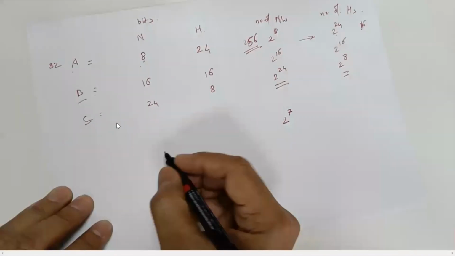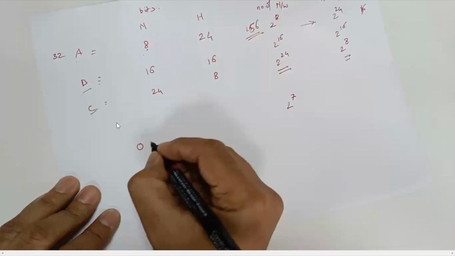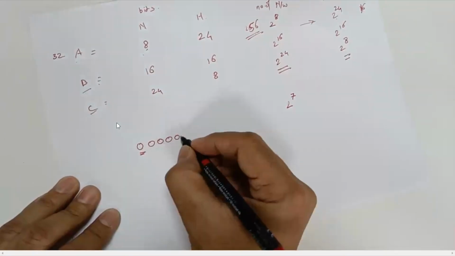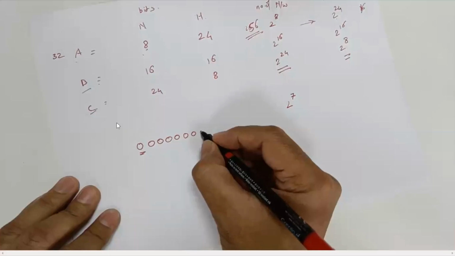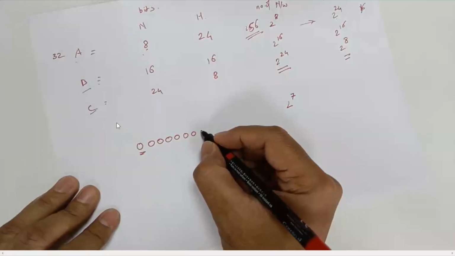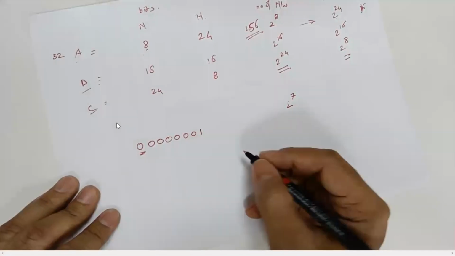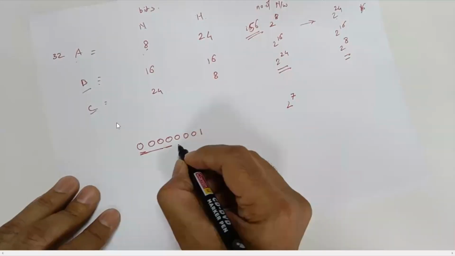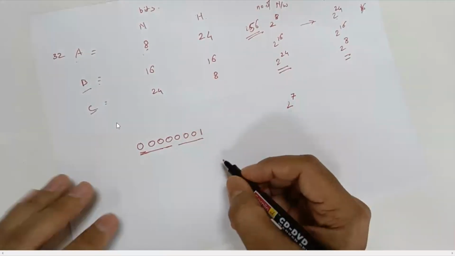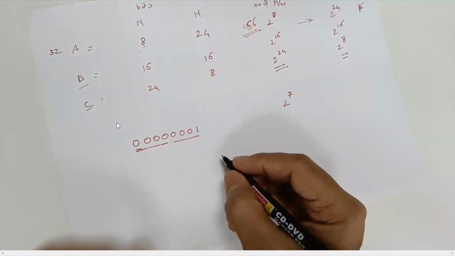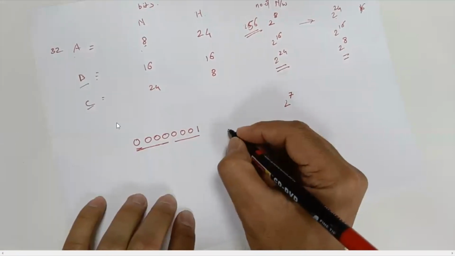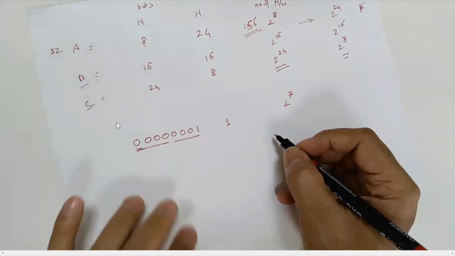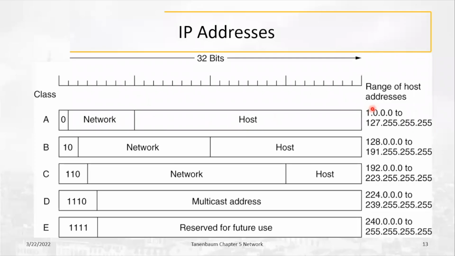So the first bit is always 0, and I cannot have all zeros in the first octet. So I'll have to keep one minimum number. So this becomes the first address in the first octet. That is 1. This is the binary format. If I convert it into decimal, the value of it is 1. Okay, so that becomes the minimum value.